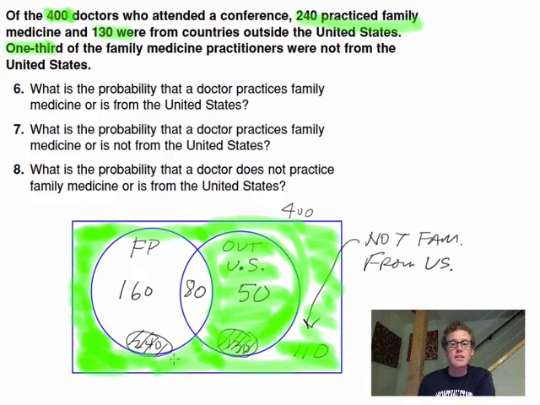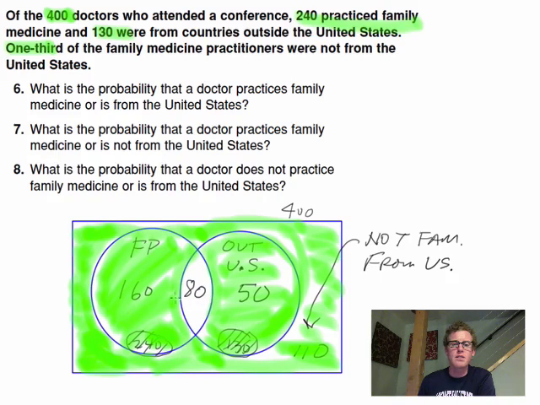The next thing though is we need to ask, is a doctor from the United States? Well, if I look in the family practitioners area, I would hope that this bunch, the 160 bunch, is from the United States, because the only thing that I have left over is this 80 right in the middle, and that is doctors that are family practitioners and doctors that are from outside of the United States.